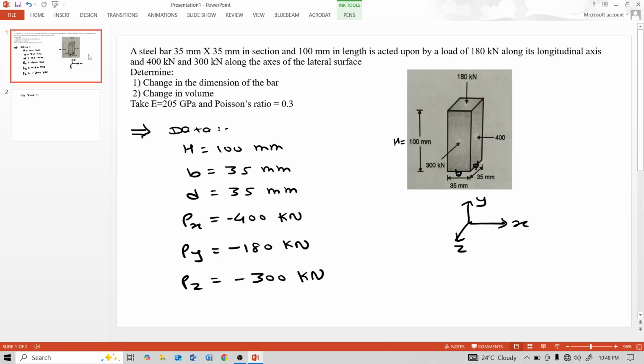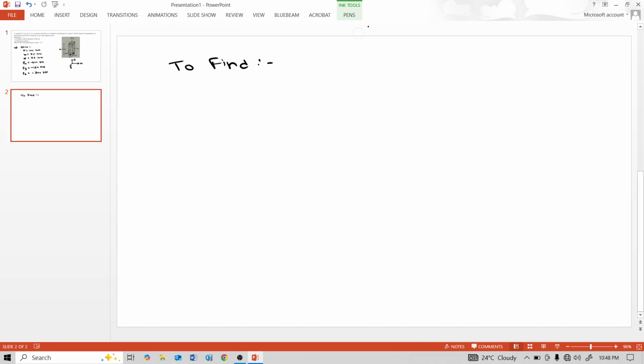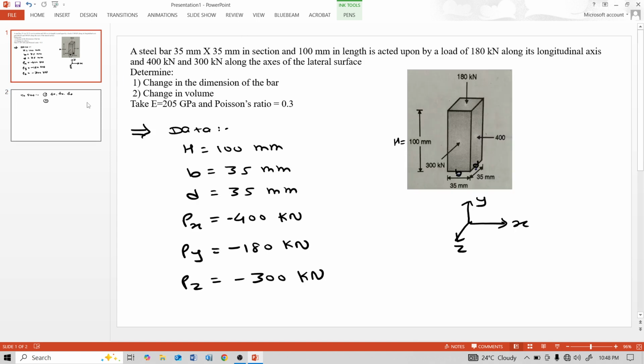To find the change in dimension of the bar, that means change in height, change in width and change in depth. Next, change in volume.